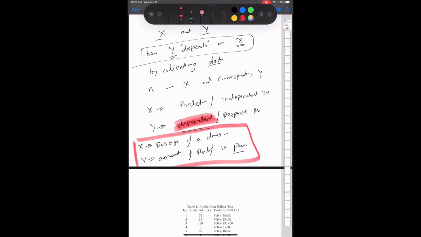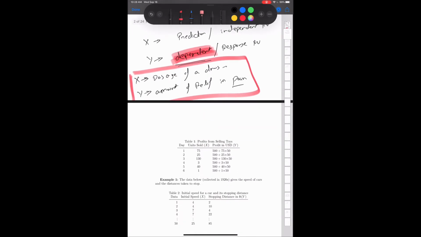So what we want to understand is how the relationship between x and y works. There are two kinds of relationships that generally exist in nature. One is called the deterministic relationship, and the other is called the statistical relationship.